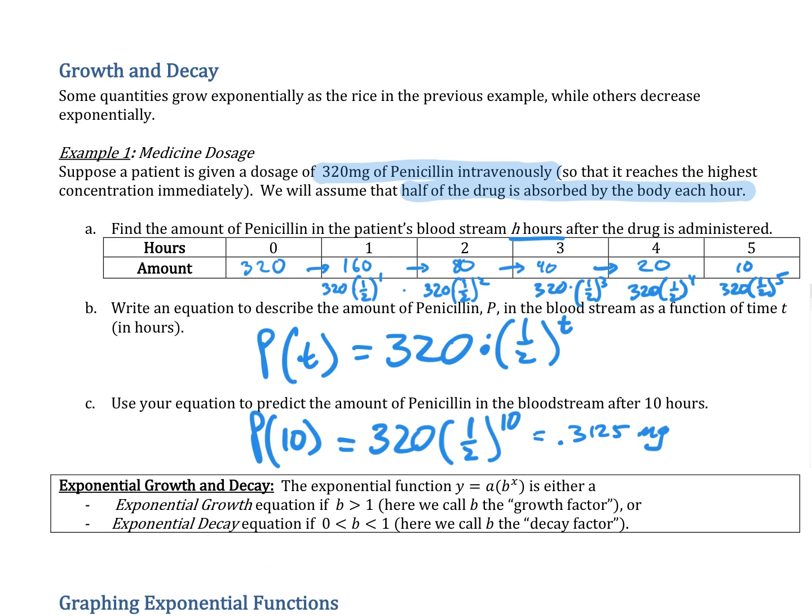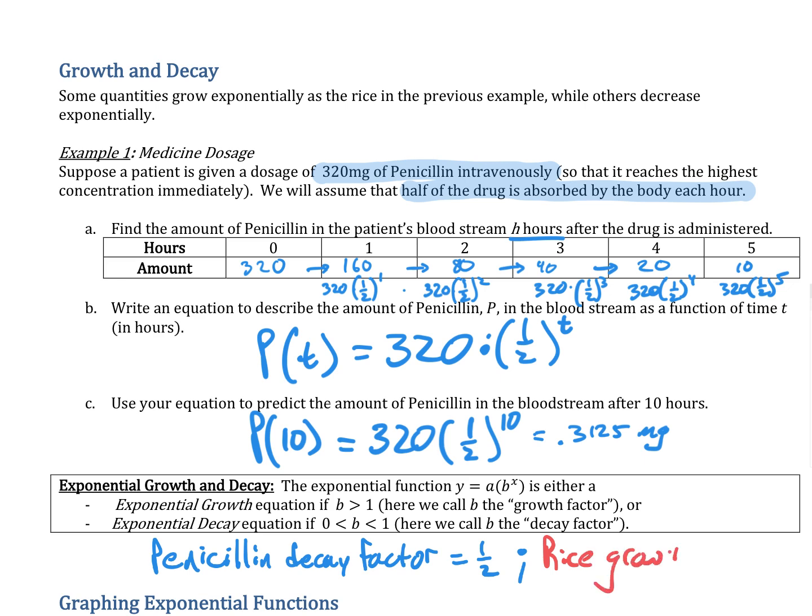So the penicillin decay factor is 1/2, and the rice growth factor was 2. That's how exponential functions work. And next we'll be looking into graphing some exponential functions to understand them better.